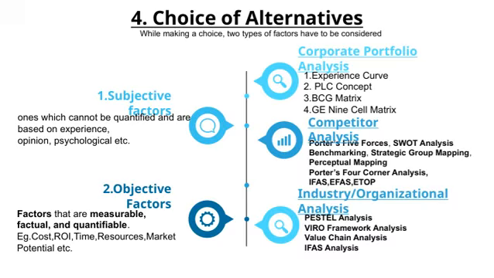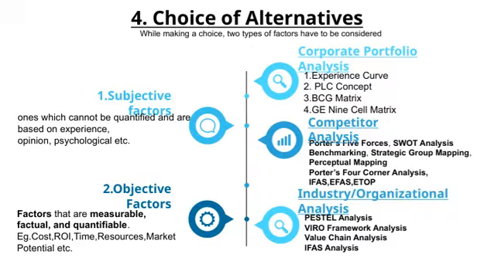When making strategic choices, we need to consider two main types of factors: objective, measurable data, and subjective, experience-based insights. Additionally, corporate portfolio analysis and competitor analysis, including Porter's 5 forces and SWOT analysis, give us a comprehensive view of our market landscape.